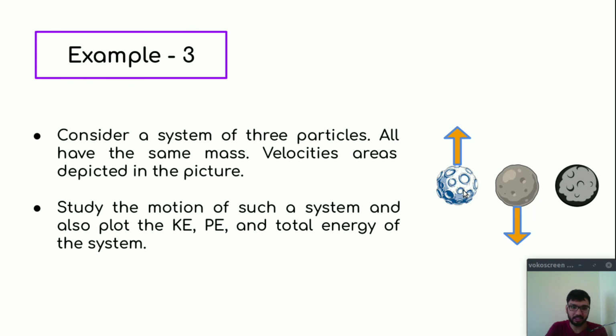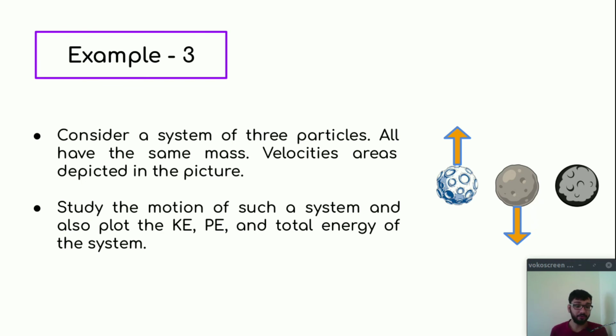As you can see, this first particle has this kind of velocity, this one has a velocity in the downward direction, and this particle is initially at rest, so it is not moving initially, right? And we want to study this system and plot the kinetic energy, potential energy, and total energy of this system.